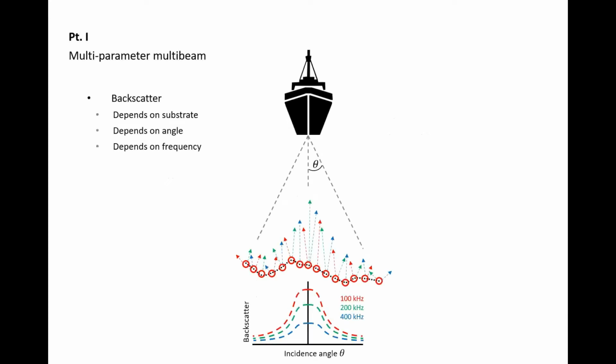So just to start with the multi-parameter multibeam, obviously backscatter depends on not only the substrate, but also the angle with which it impacts the seabed and the frequency at which you're operating.